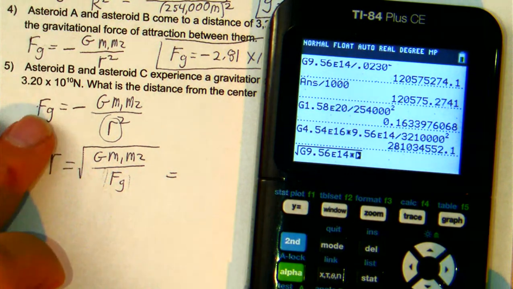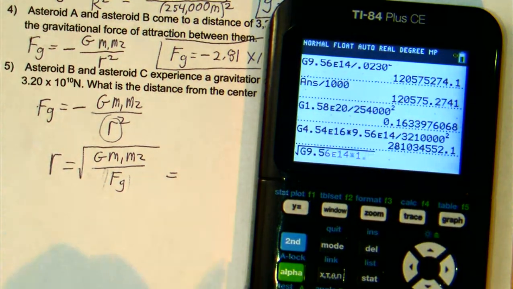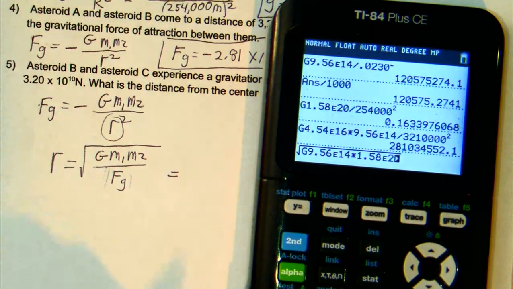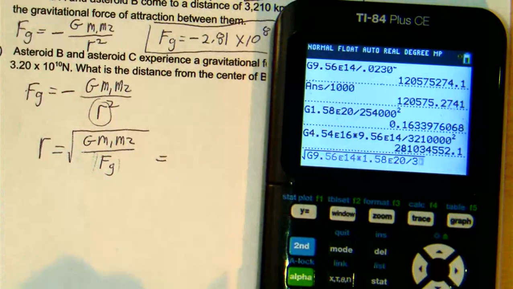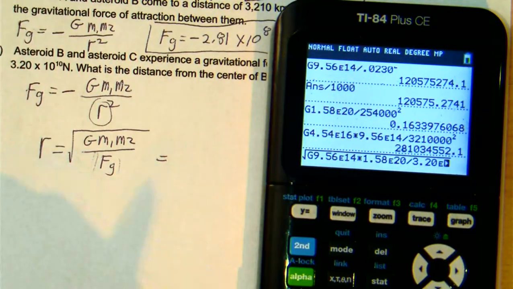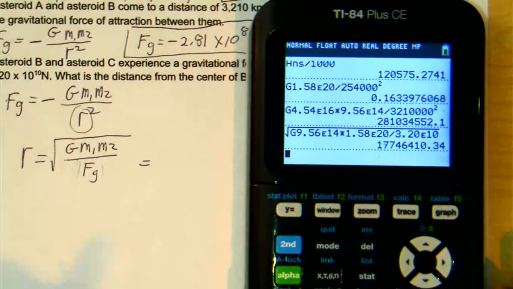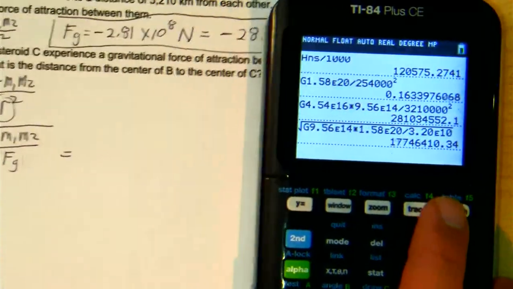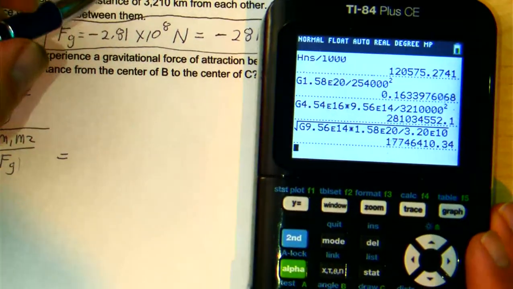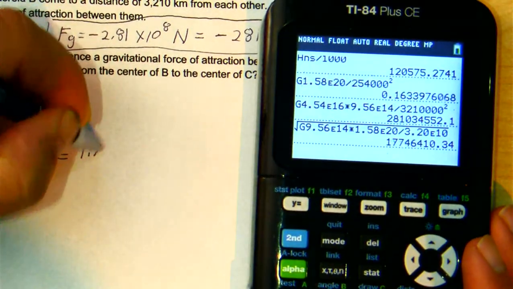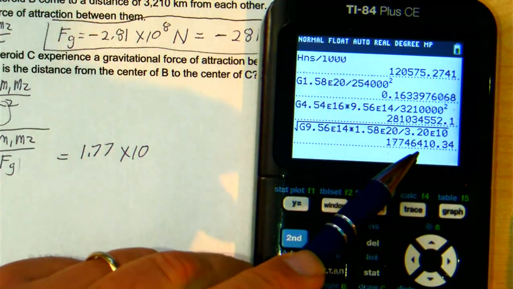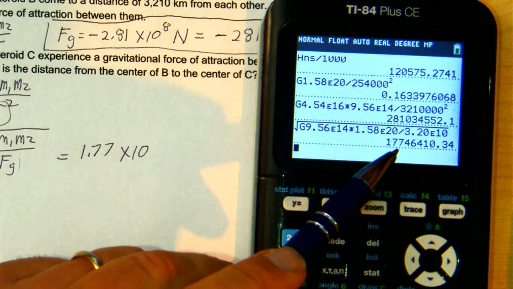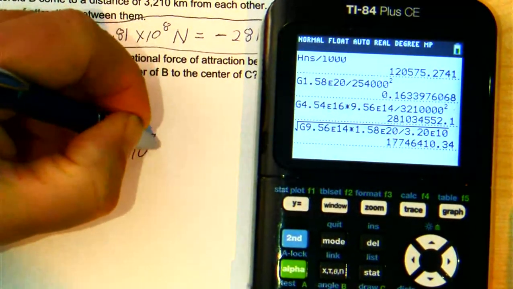The mass of asteroid C is 1.58 times 10 to the 20th power. And the force between them was 3.20 times 10 to the 10th power newtons. And the distance from the center of one to the center of the other is 1.77 times 10 to the 7th power meters.